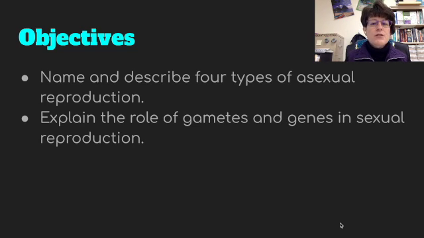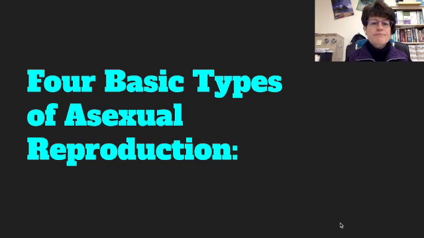Now remember, with asexual reproduction, the offspring are going to be identical to the parents. There's going to be no variety because they get all of their genetic information from the one parent. With sexual reproduction, because there are 2 parents, there's great variety in the offspring because they're a combination of both parents. They get a combination of the genetic material from both parents.